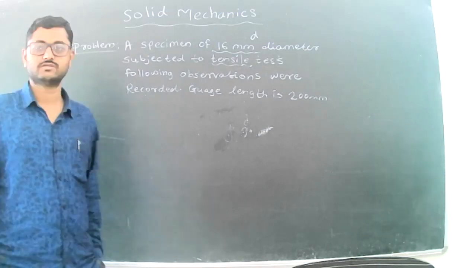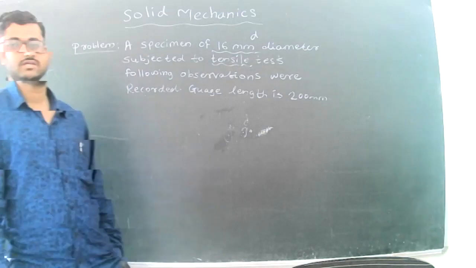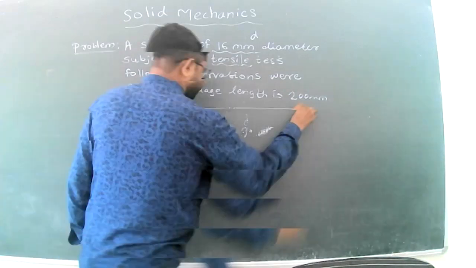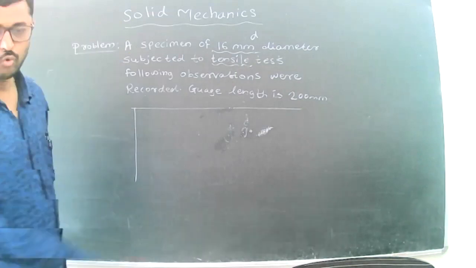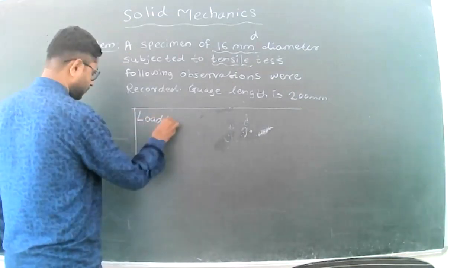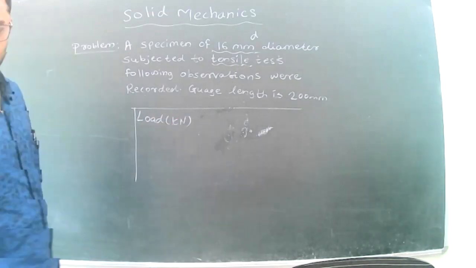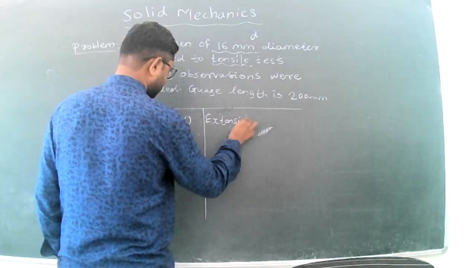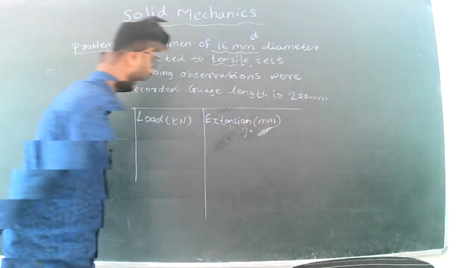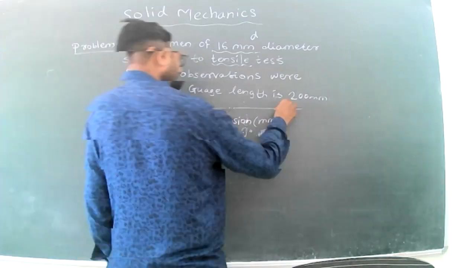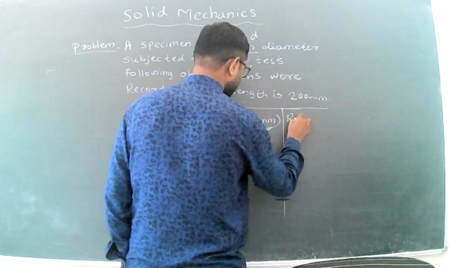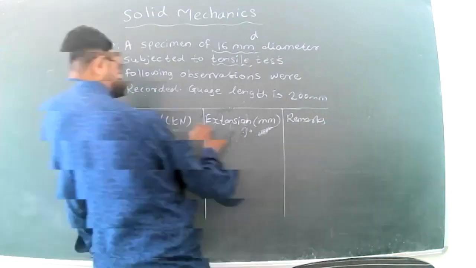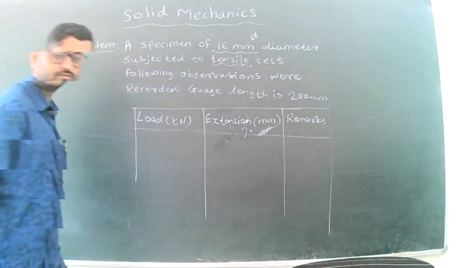In tabular form, data is given: first column, load in kilonewton, then extension, which is deformation in mm, and some remarks.